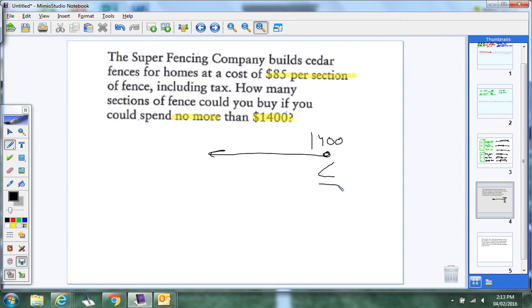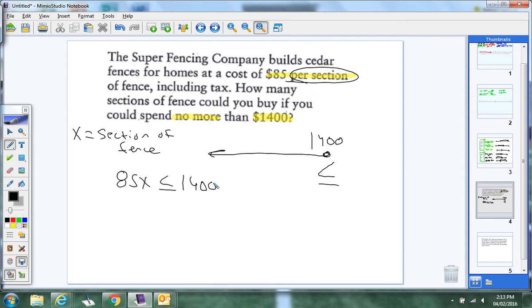So then we ask, what's our variable? Our variable is per section of fence. So our inequality statement is going to be 85x has to be less than or equal to 1,400.